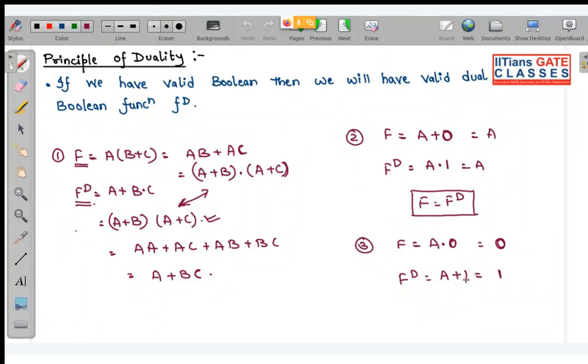So why am I getting 1 over here? If this is 1, this should also have been 1. This is just a different way of representation.